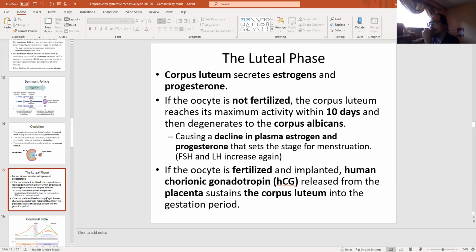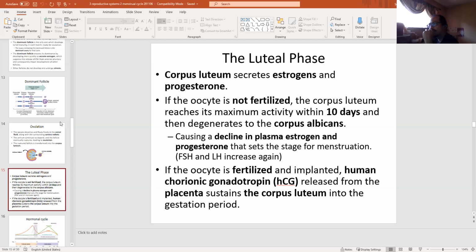However, if there is no fertilization, this corpus luteum will degenerate to form scar tissue called the corpus albicans. By doing so, it reduces the production of estrogen and progesterone.